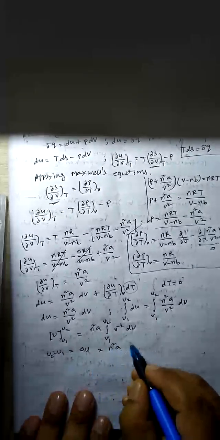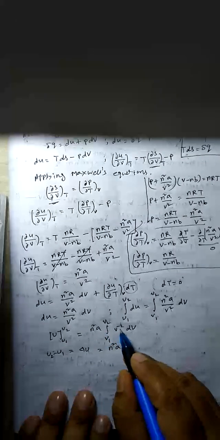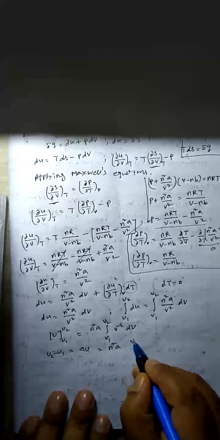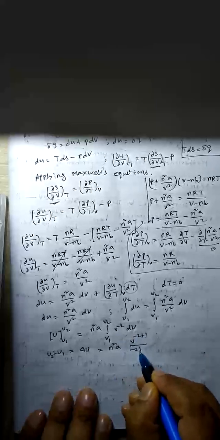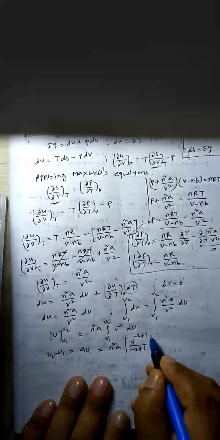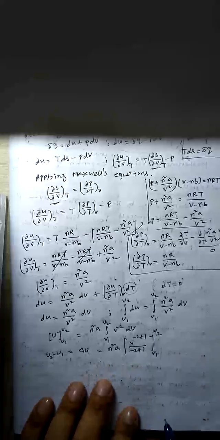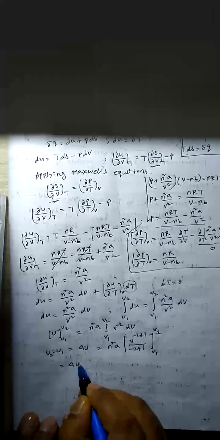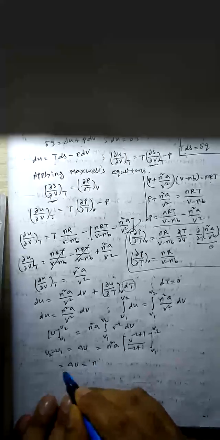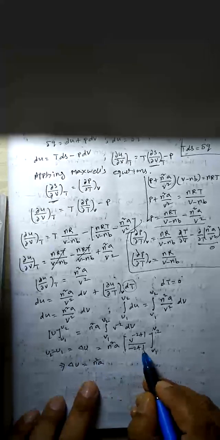It is n²a times the integral from V1 to V2, that means V to the power minus 2 plus 1 divided by minus 2 plus 1, whole bracket V1 to V2, after integrating. Now your delta U, change in internal energy, is equal to n²a.